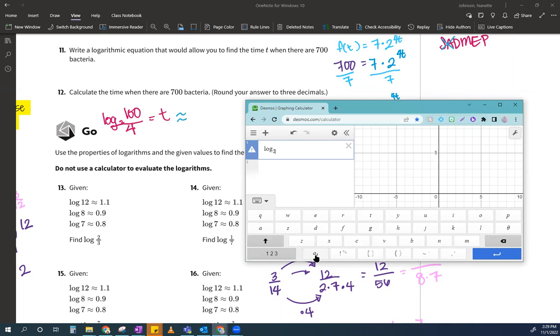So log base 2 of 100, and then I'm going to hit divided by, and is that the way I want it to look? Yeah, that's the way I want it to look. Now, if it had just gone under the 100, that's not the way I want. See how the 4 is under the whole log? So that's what I'm going to do here. And then that's my answer, 1.67 hours.